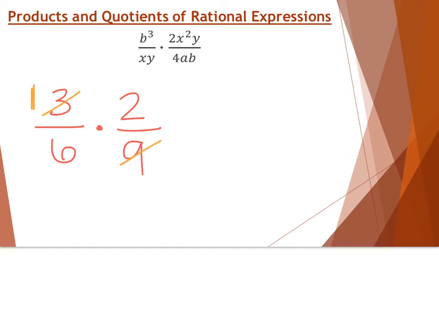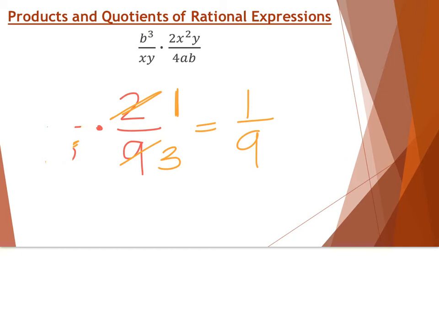This would become a 1, this would become a 3. Over here, that would become a 1, that would become a 3, and then you multiply straight across. That's basically what we're doing today, just our fractions are going to look a little different.